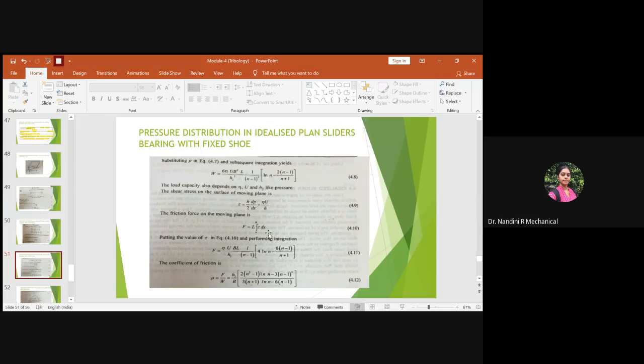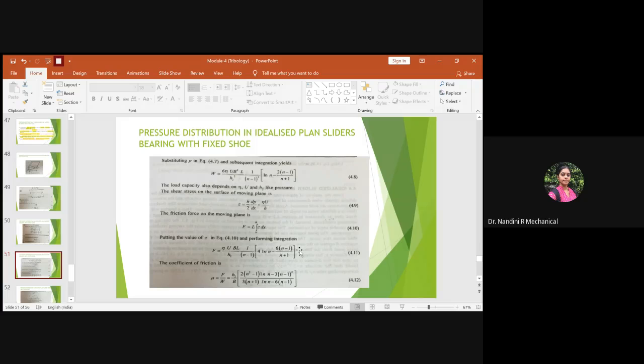Then you will substitute the value of shear stress, then you will integrate it. The integration here is with respect to 0 to n, the attitude value, tau into dx. So when you integrate this, you will come across the frictional force which acts on the moving plate.